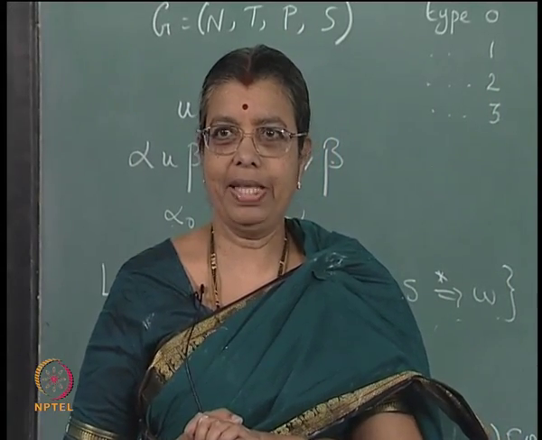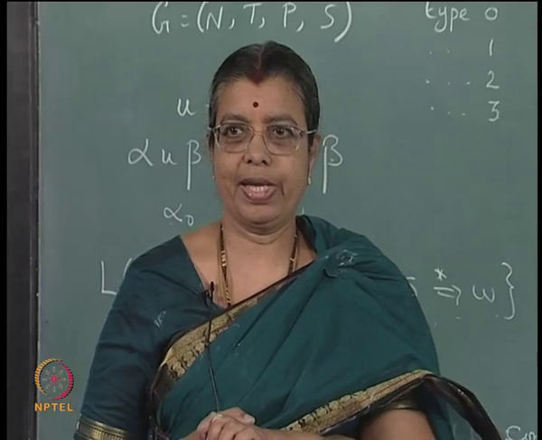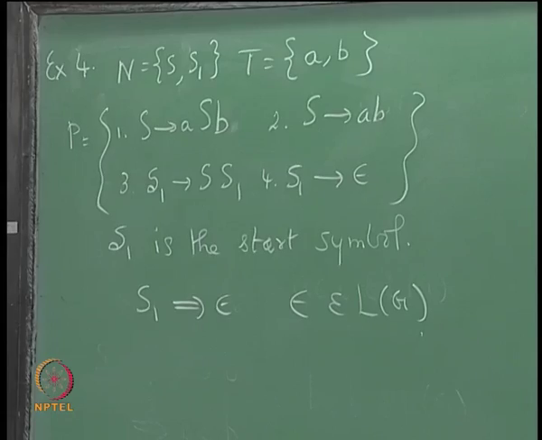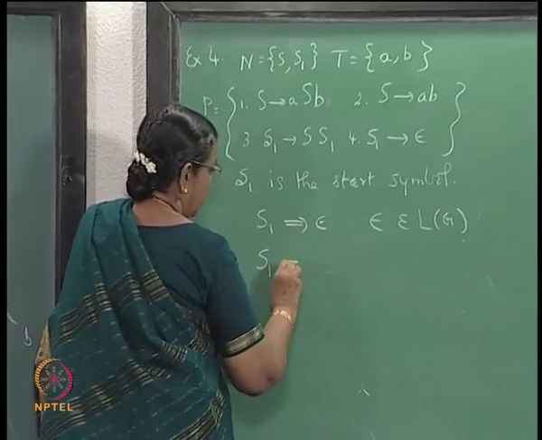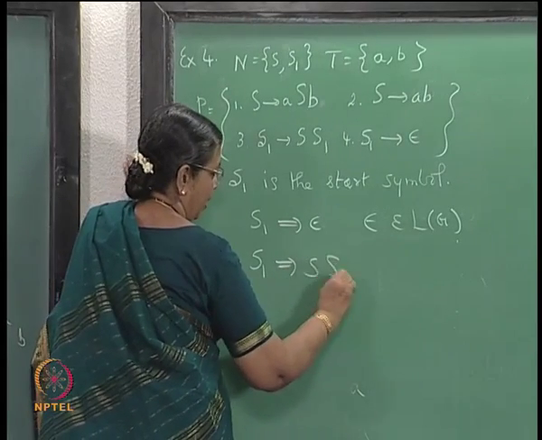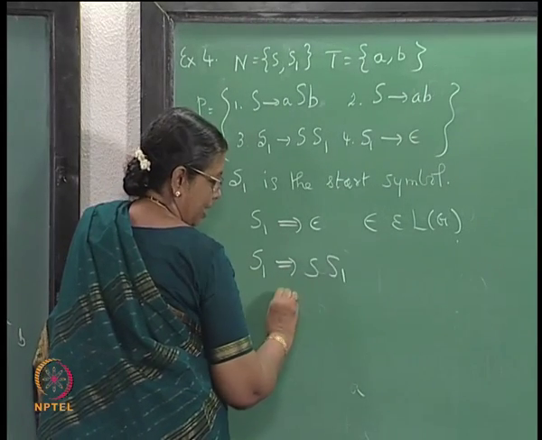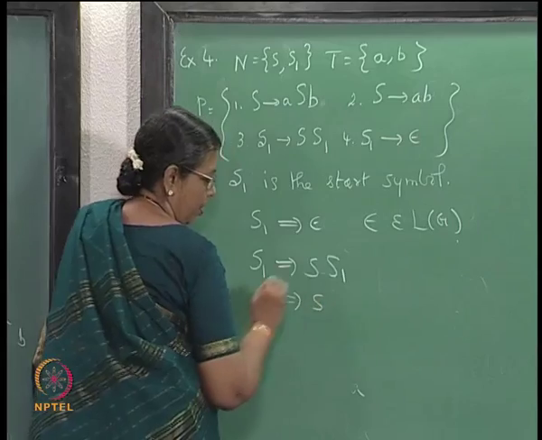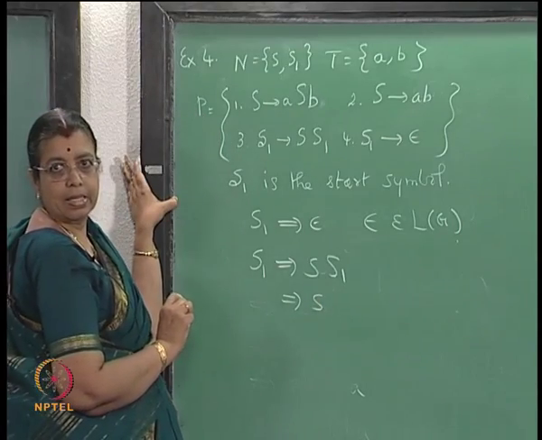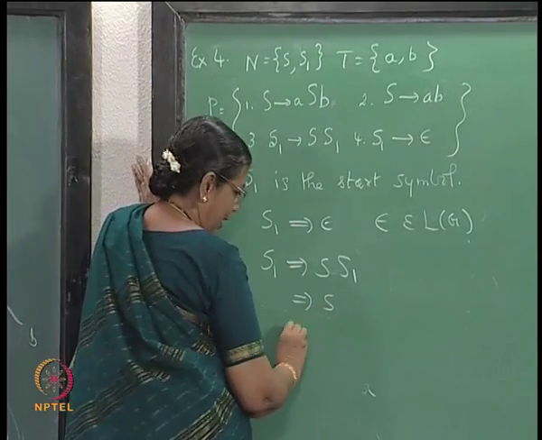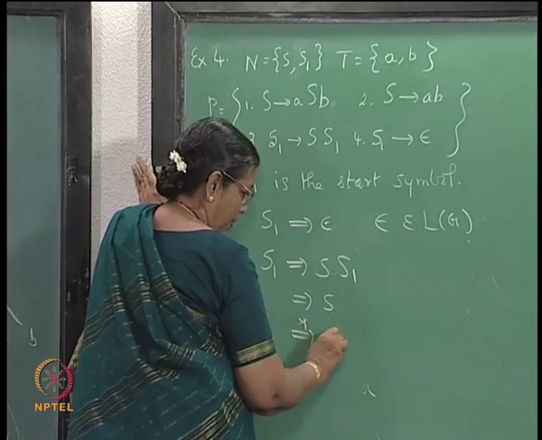Empty string cannot be generated in the previous 3 examples which we considered. Whereas, in this example you find that epsilon is generated by this. Then I can use S1 S. Now, replace this S1 by epsilon. So, you get S. Then from this S you can generate A power n, B power n.